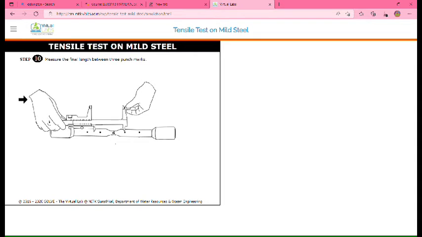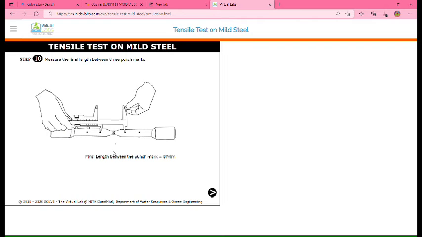And for step 10, we measure the final length between the punch marks. And we got final length between the punch marks is equal to 87 millimeter.